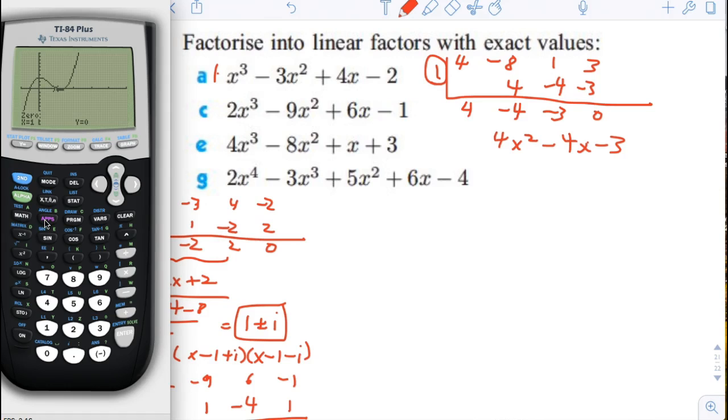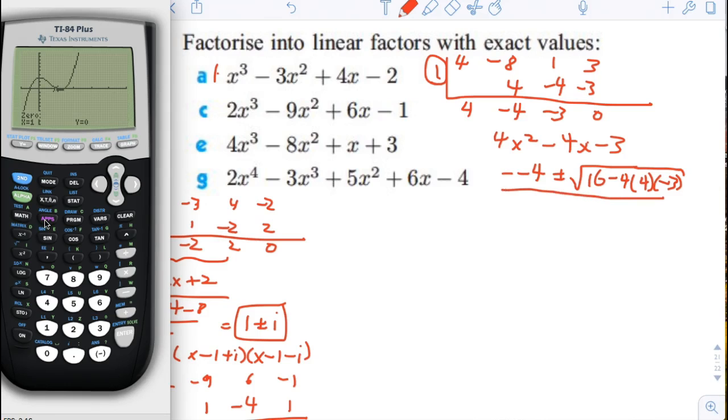Let's look at the discriminant there for a second. It would be 16 minus 4 times, oh, so that would be imaginary, okay? So we definitely need to use the quadratic formula. So negative negative 4 plus or minus the square root of b squared minus 4 times a times c. Well, I thought it was imaginary, but look, there's a negative sign there, so actually it's going to be a positive number.